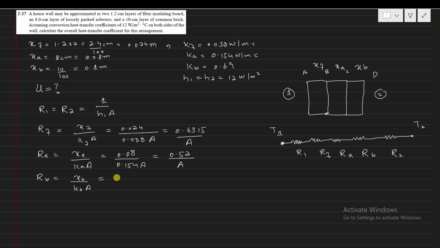So XB is 0.1, KB is 0.69 A. After division you will get its value, that is 0.145 divided by area.